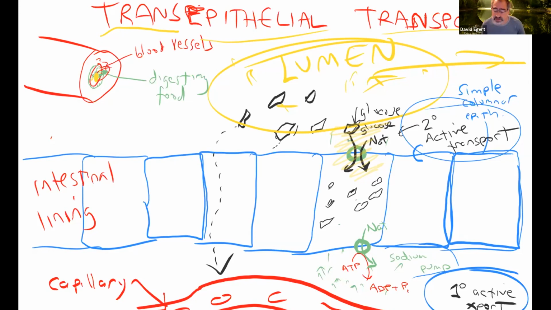All right, so then we have a bunch of glucose building up in the cell. We still need to get it out the backside of the cell. So on this side, we have lots of glucose just moving into the bloodstream. Here, we can just have a glucose carrier.